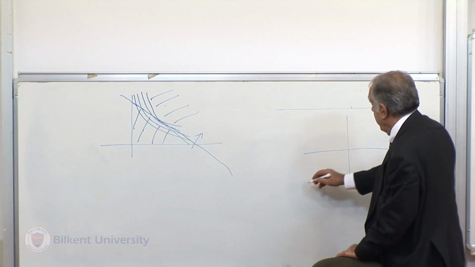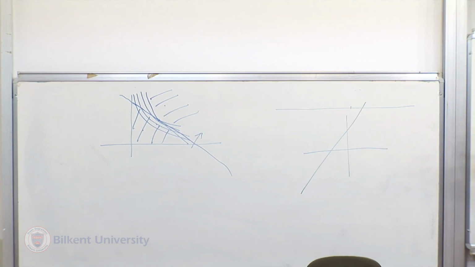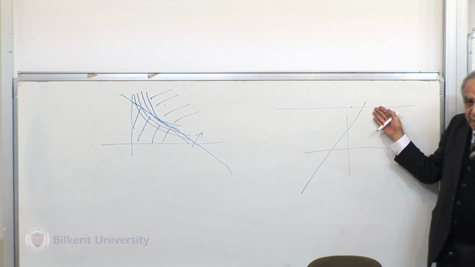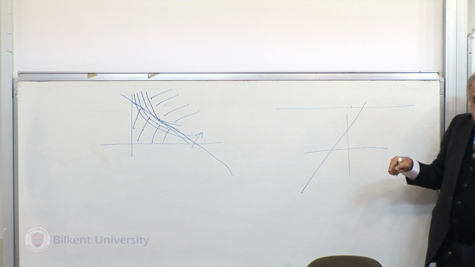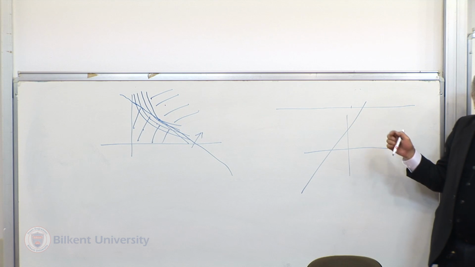So in R2, let us take a line. Well, we have gone through this exercise: is the set of points on this straight line something, quote unquote, linear? Do they form a subspace of R2?